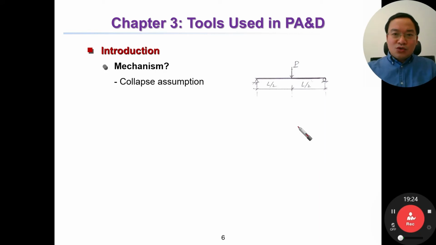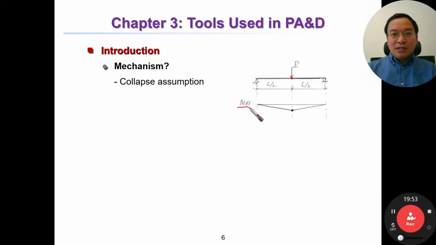With this structure, we can assume different collapses. For example, this is one assumption. We assume that if this beam collapses, a plastic hinge occurs at the middle at this point, and it collapses.